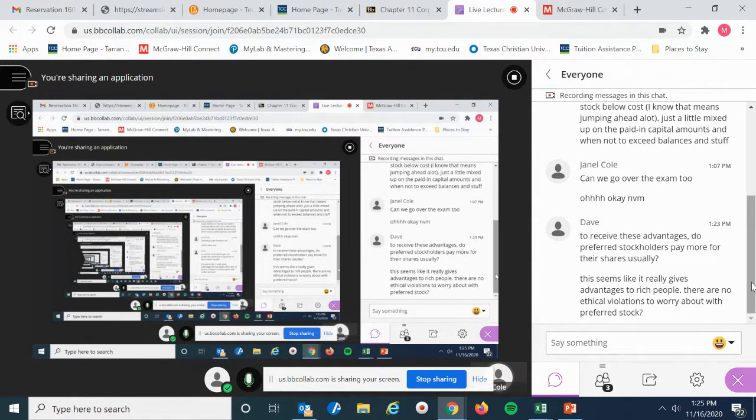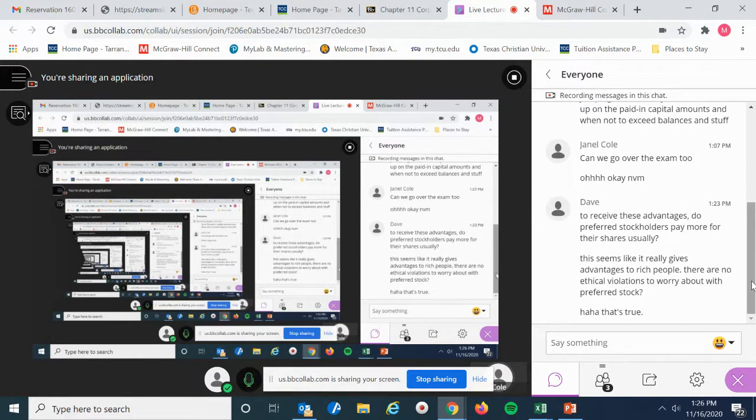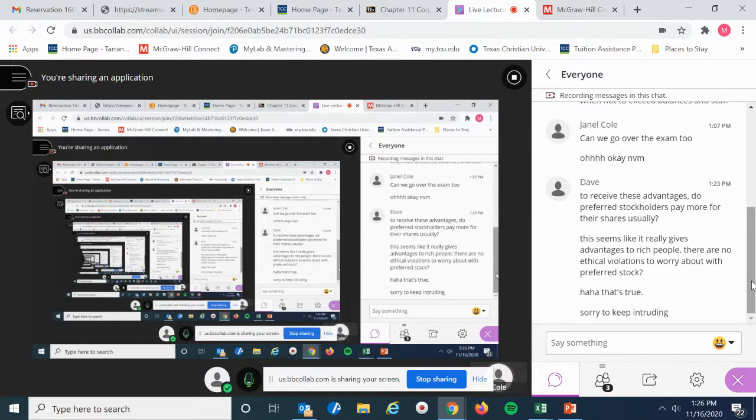I mean, hey, rich people always have advantages, but let me just talk about this a little bit. I don't believe there are any ethical violations with preferred stock, because when you really think about it, Dave, think about banks.